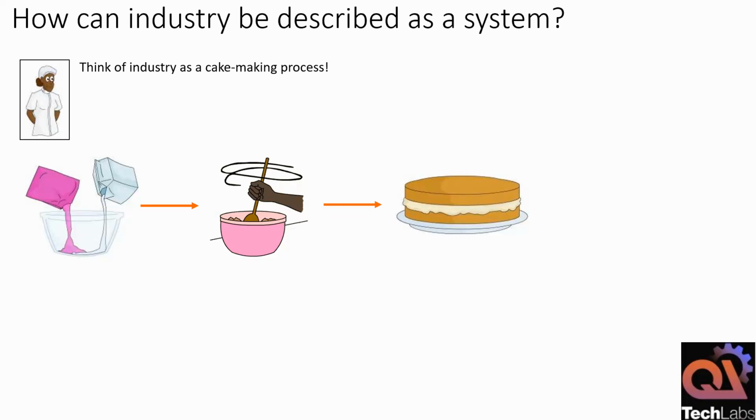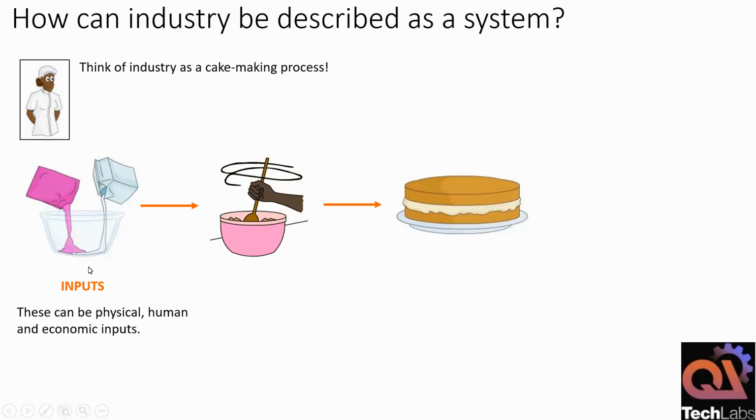Clear to everybody? So an industry is called a system because why? Something is here, something is here, something is here. Look at this thread. Carefully observe the thread. Inputs. What is this industry? This industry is the cake making process.